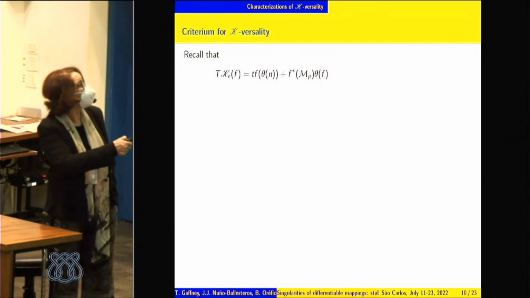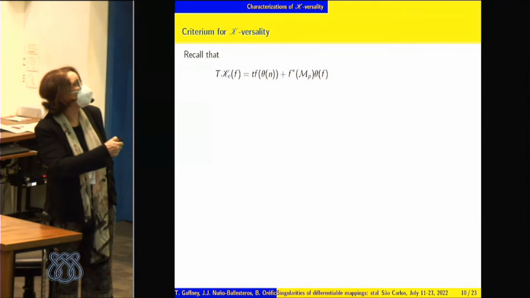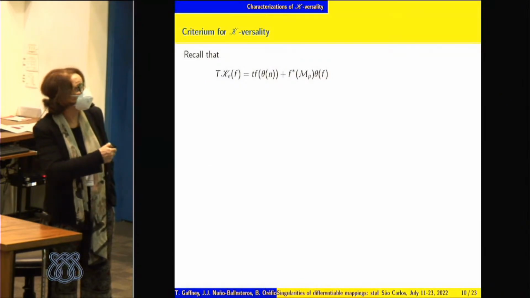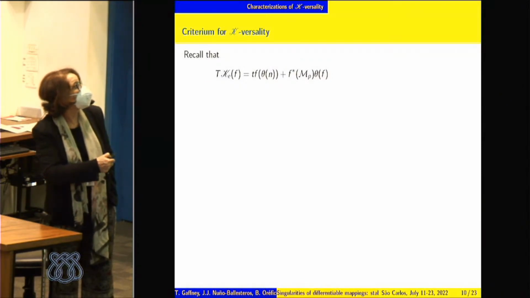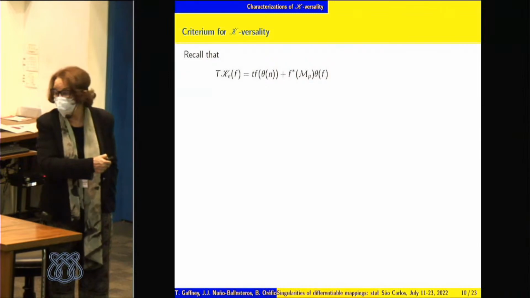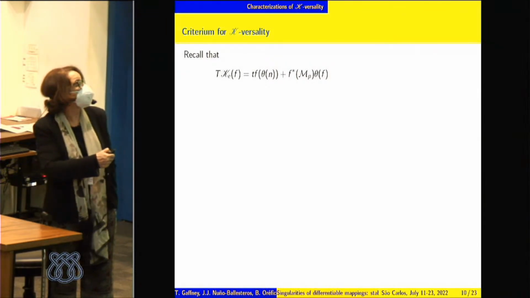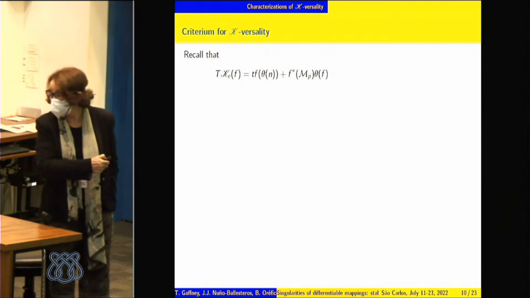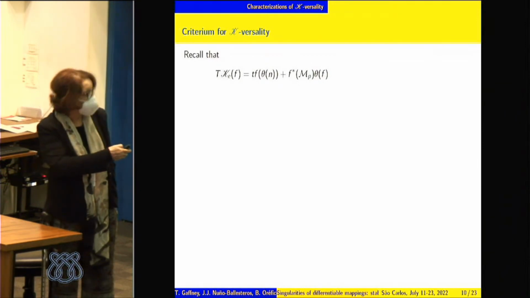So I have here the expression of the tangent space, the extended tangent space of K equivalence. Roberta noted that we can use both the notation theta F for the set of all vector fields along F, but we can also use ONP as she used, right?